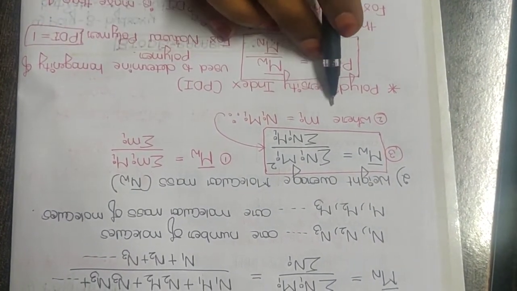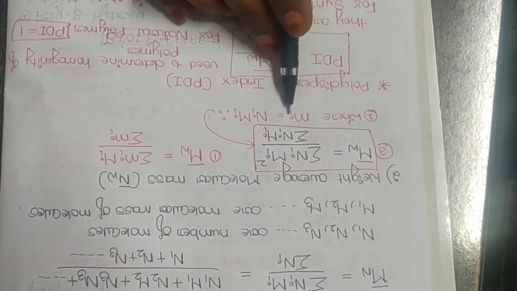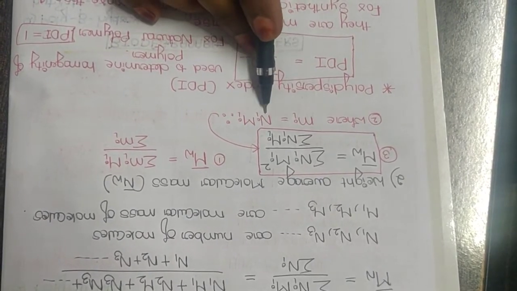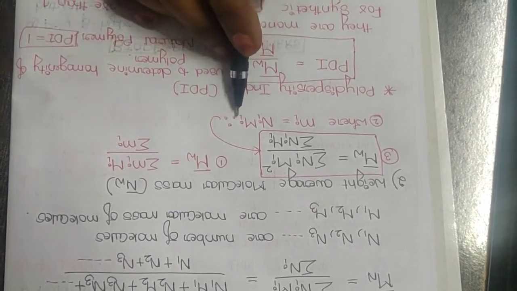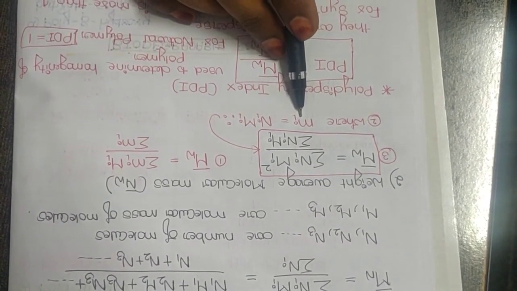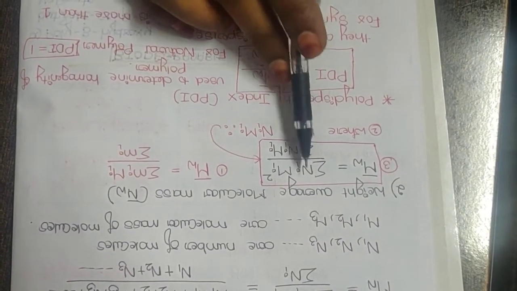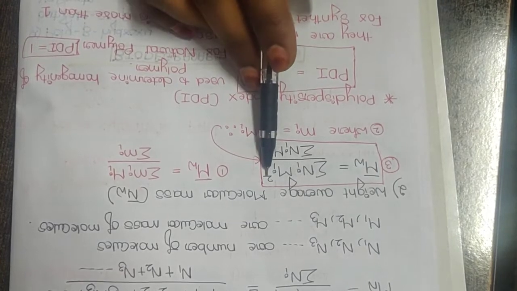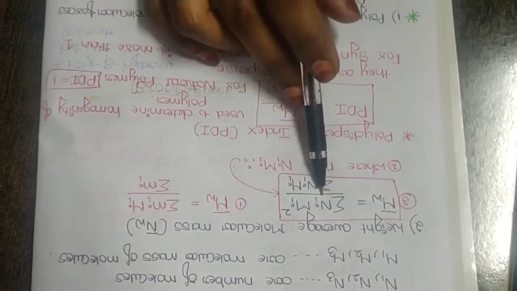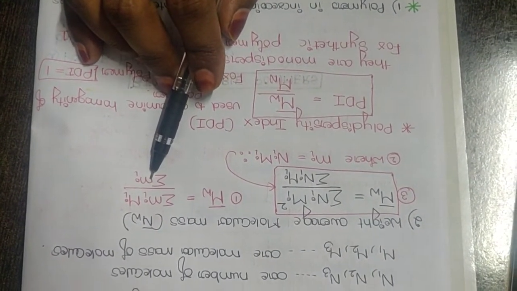We can also write this formula with respect to number, where small mi is equal to Ni into capital Mi, where N is number of molecules multiplied with a molecular mass. I'll end up with a mass, that is small m. So the formula can also be written as summation of Ni Mi square divided by summation of Ni Mi. You can use this formula or that formula depending upon the data given in your problem.